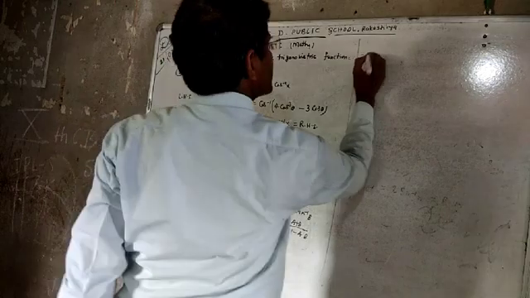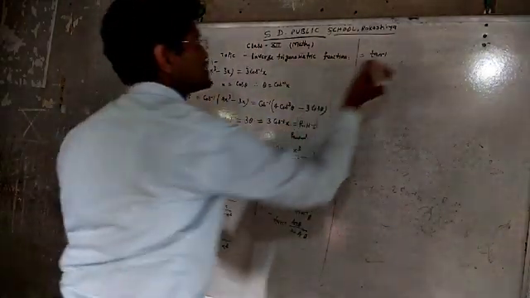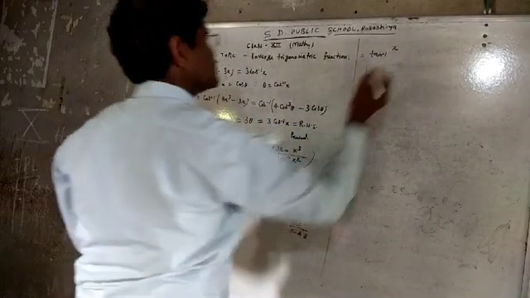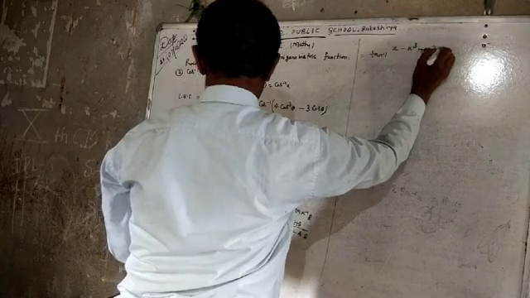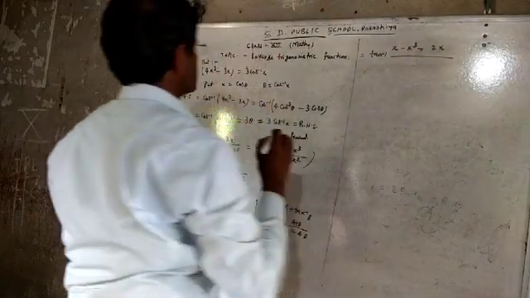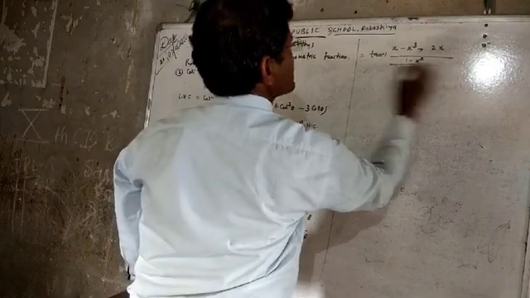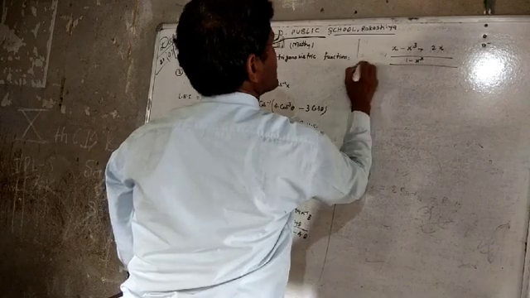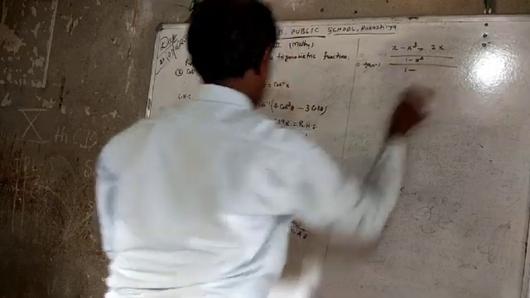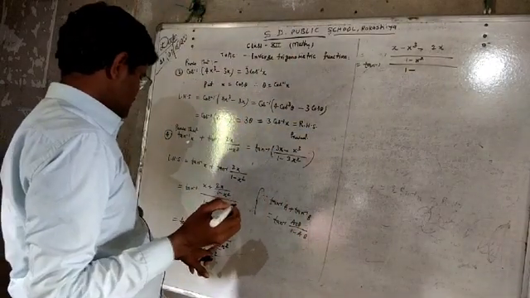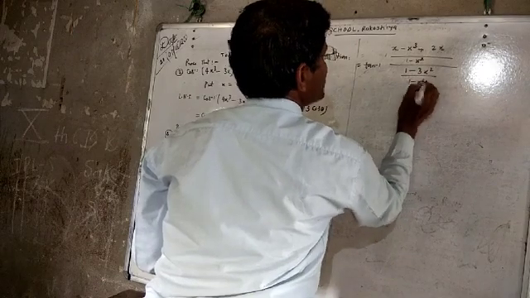Hence, the LHS gets tan inverse of x minus x cube plus 2x upon 1 minus x square, upon 1 minus x square minus 2x square, which is minus 3x square upon 1 minus x square.